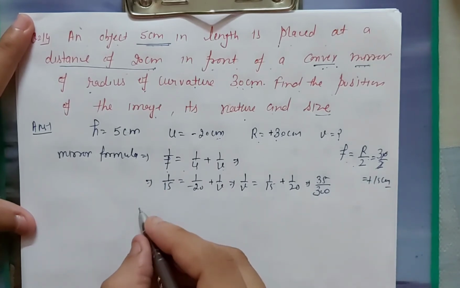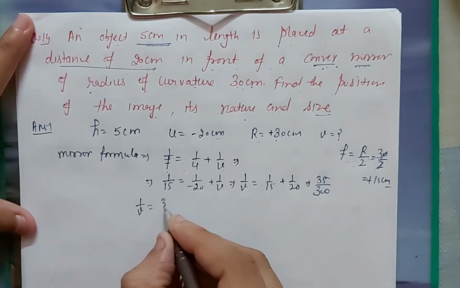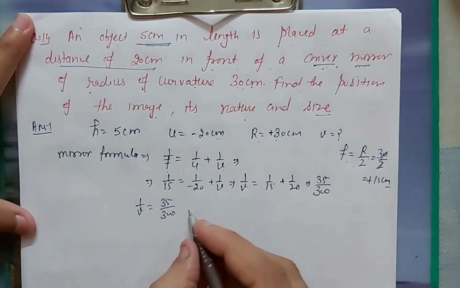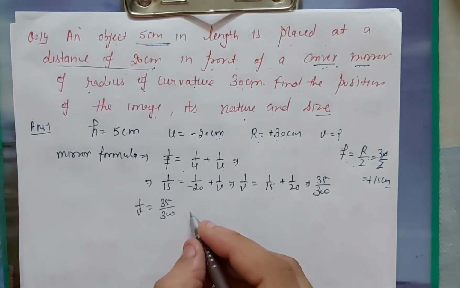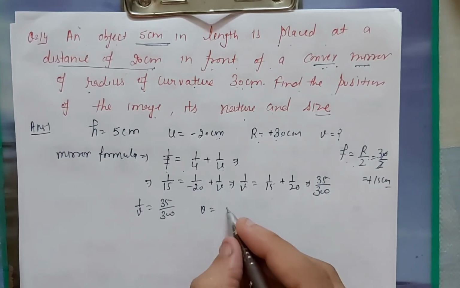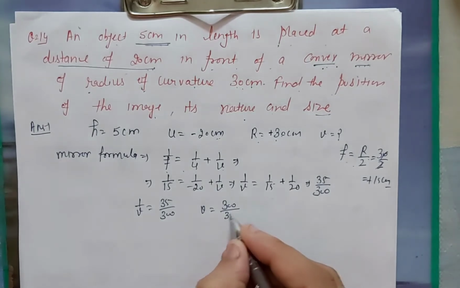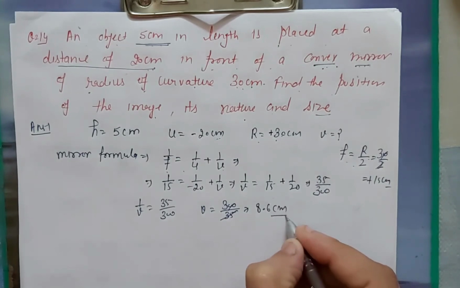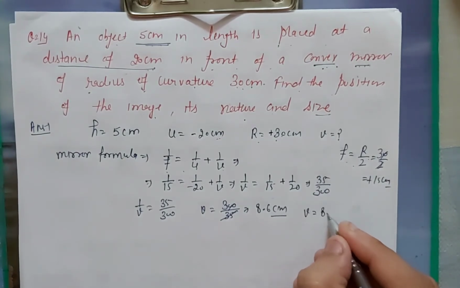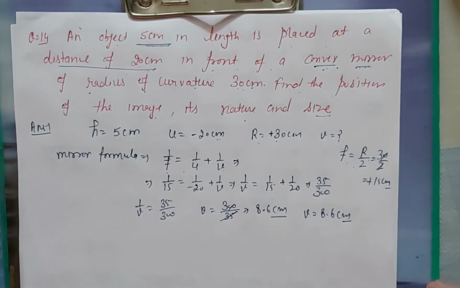So the value of 1 by v is 35 divided by 300. So v is equal to 300 divided by 35. When we solve it, it is 8.6 centimeter. So the v value is 8.6 centimeter.